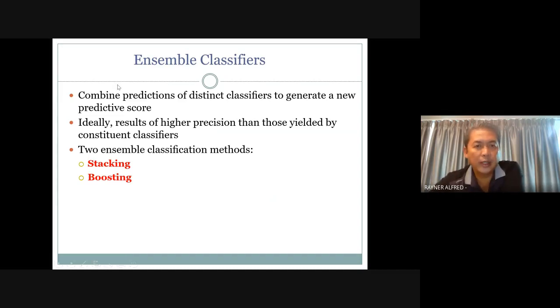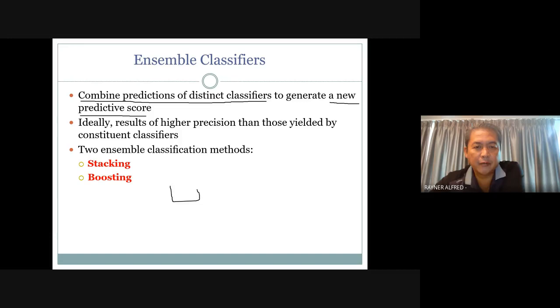Okay, why do we need to have a few classifiers? Because we want to get higher accuracy, because instead of using one, we use several of them. So we combine the predictions of distinct classifiers to generate a new predictive score.